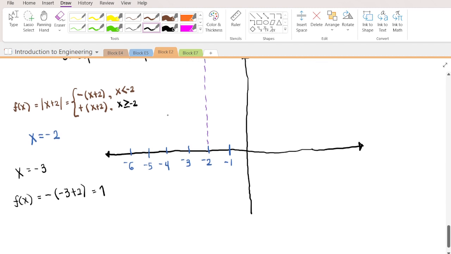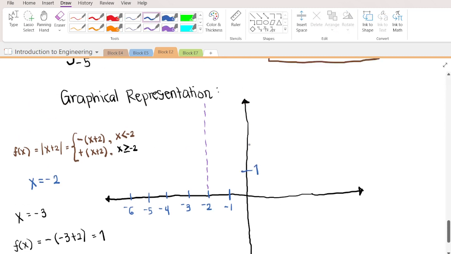So if you have x equals negative 3, your y is equal to 1. So let me put that one here, 1. Let's put 2, 3. So that will be your function there, negative 3, 1.